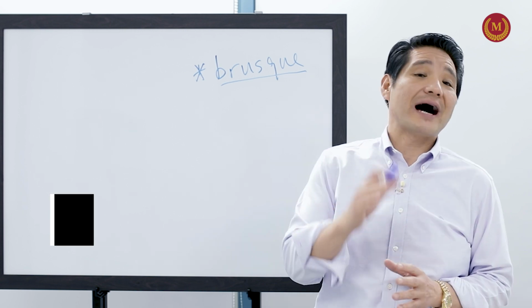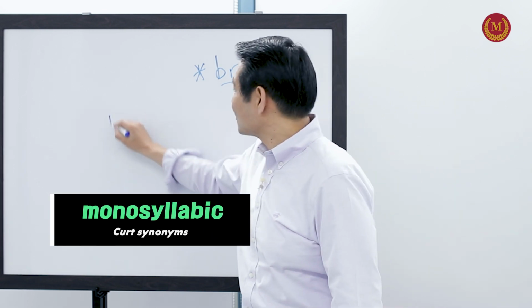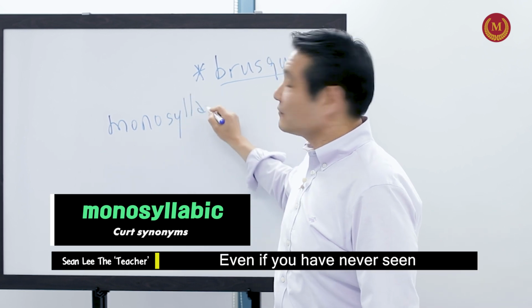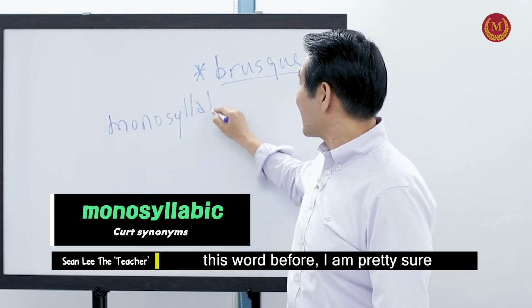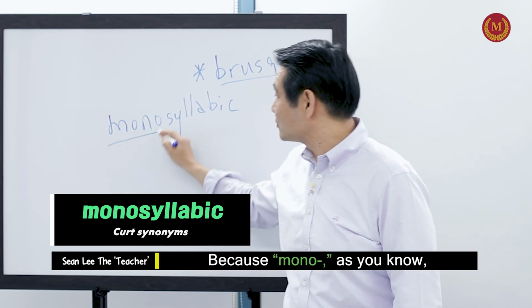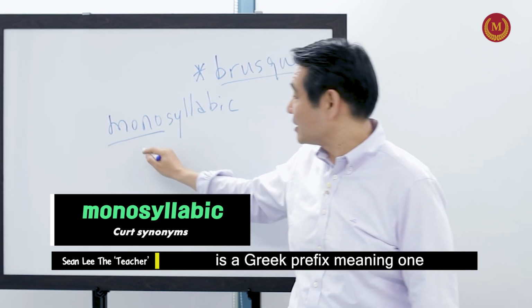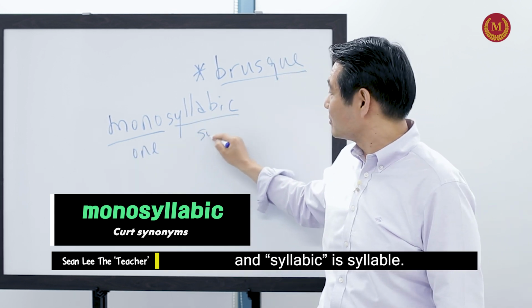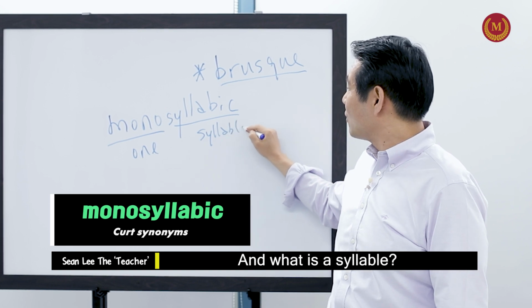Then you have monosyllabic. So what is monosyllabic? Even if you've never seen this word before, I'm pretty sure that you recognize this instantly, because the mono, as you know, is a Greek prefix meaning one. And syllabic is syllable. And what is a syllable?